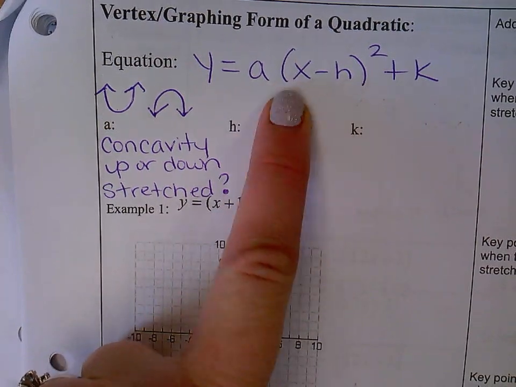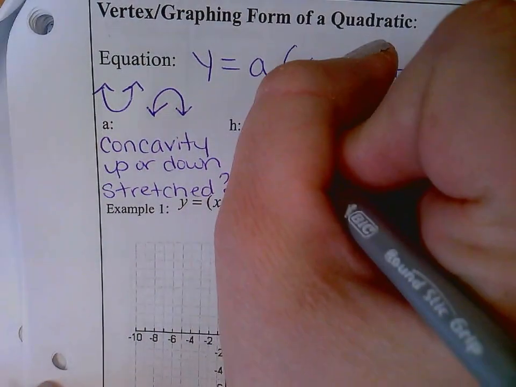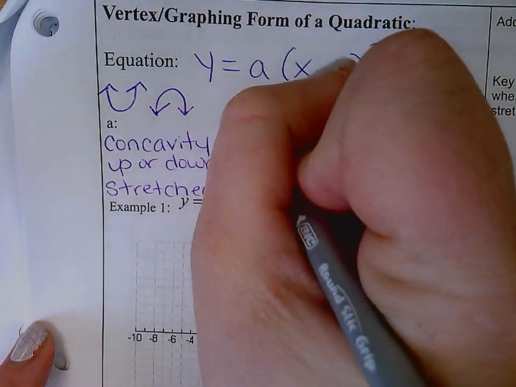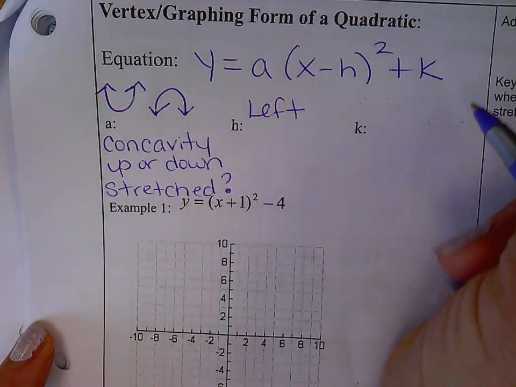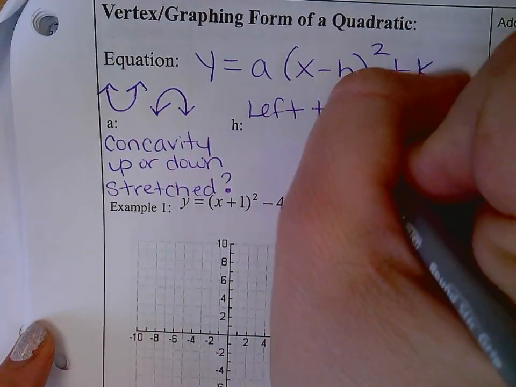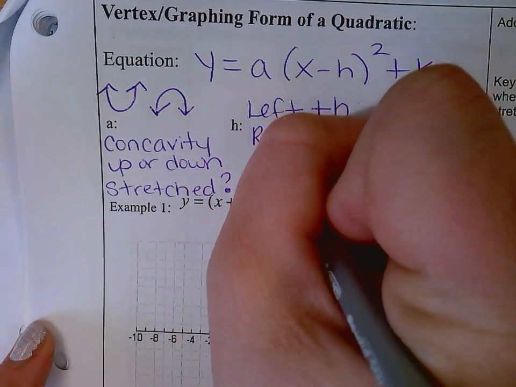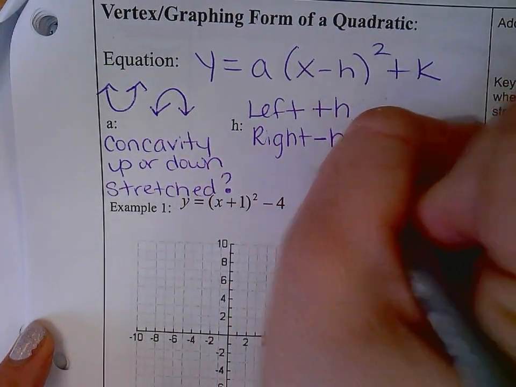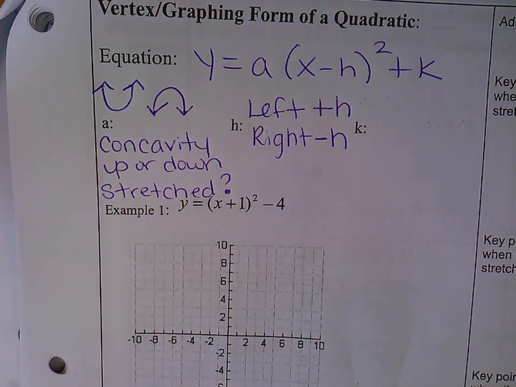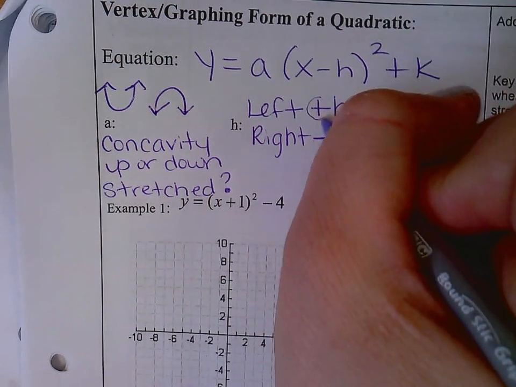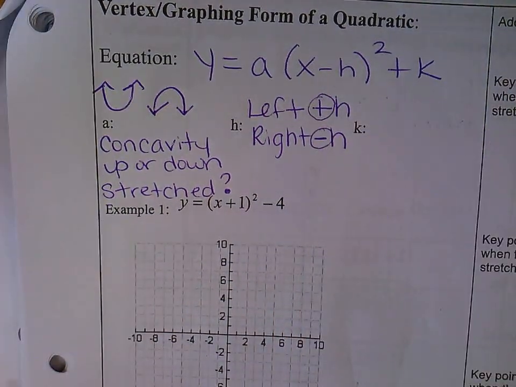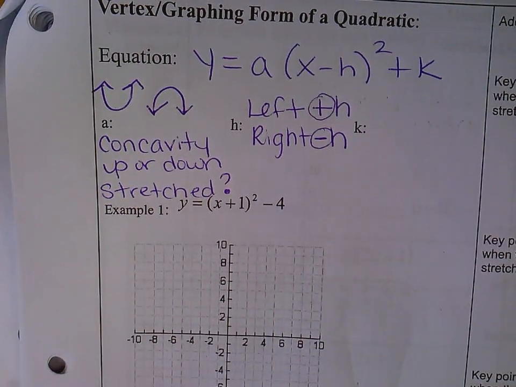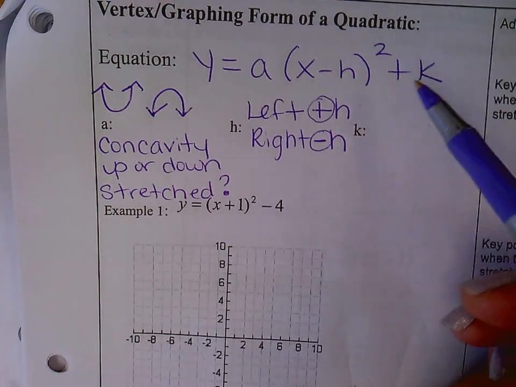H is our left or right. So H, let's see, it goes to the left when it's a plus, right? And it goes to the right when it's minus. Maybe that'll help you remember. Inside the parentheses, remember, it's the opposite of what you think. So left is plus and right is minus. And then what does the K do outside the function?